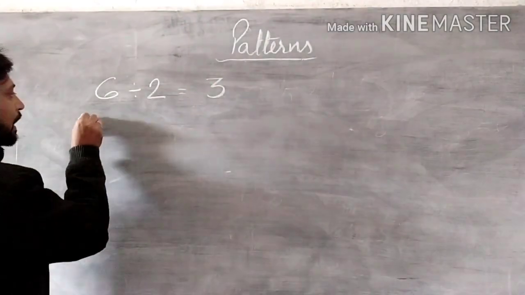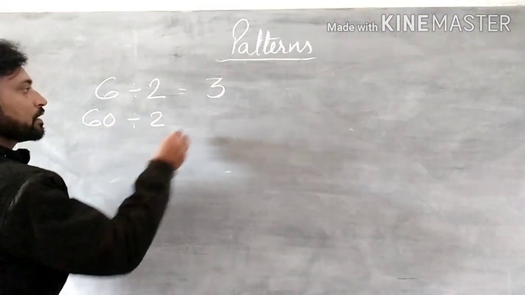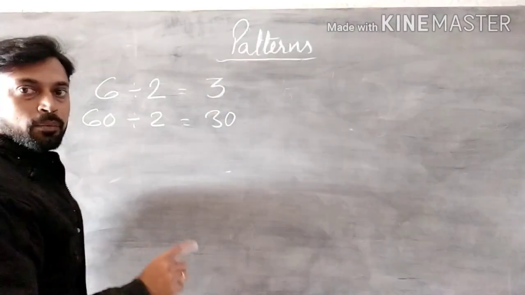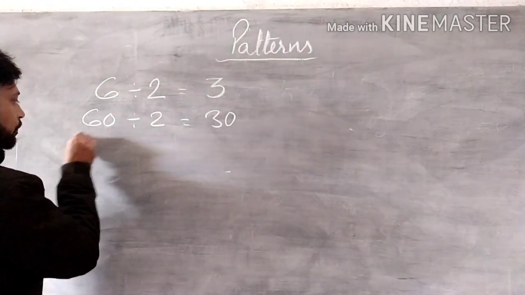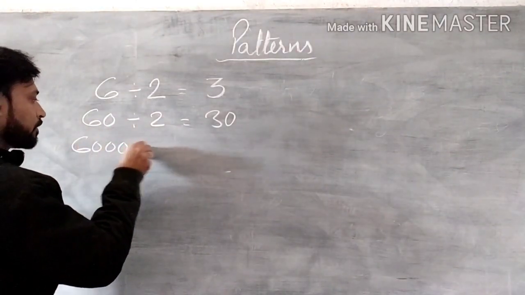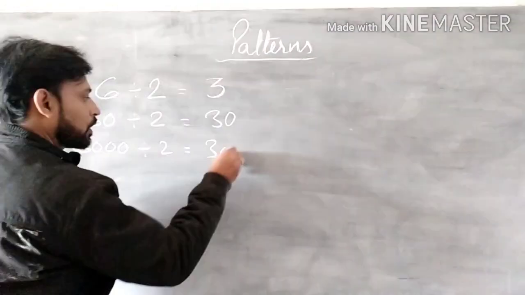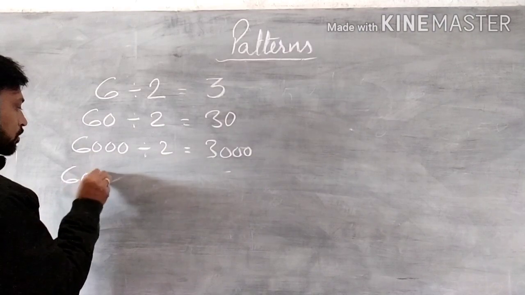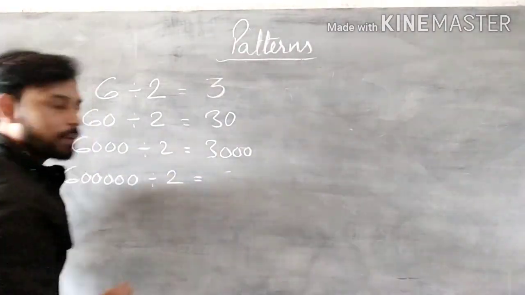So if we add zeros to the dividend, then the quotient will also be increased by that much number of zeros. For example, 6000 divided by 2, that is 3000. Is that clear?